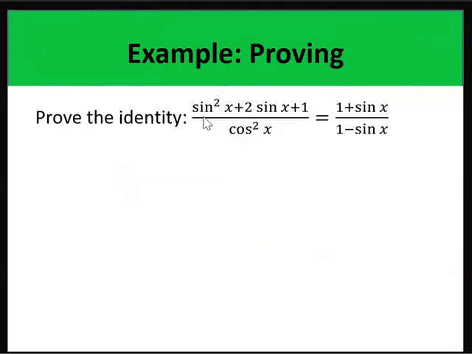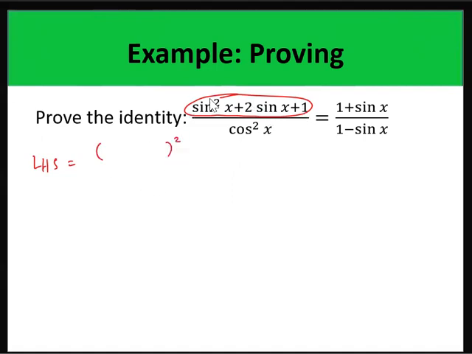And then for this problem here, we have sine square x plus 2 sine x plus 1 over cosine square x is equal to 1 plus sine x over 1 minus sine x. So in this case, if we notice, this particular expression in the left-hand side can be factored as the square of a binomial.